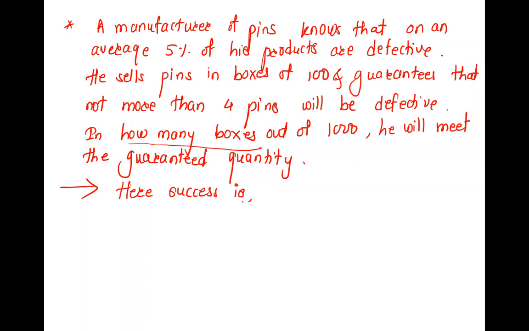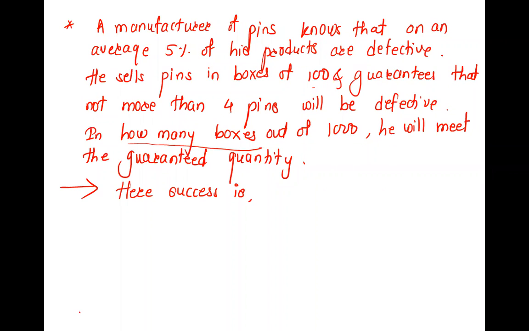He sells these pins in a box of 100 and guarantees that not more than 4 pins are defective in each box. So in how many boxes out of N will he meet the guaranteed quantity?